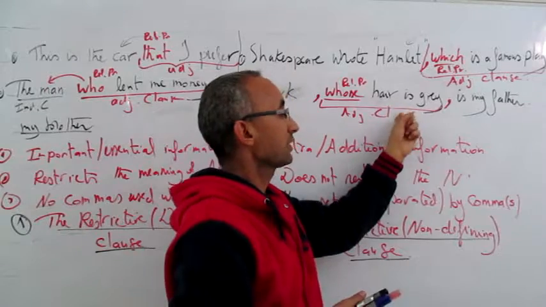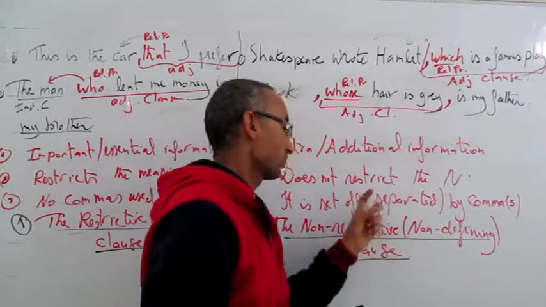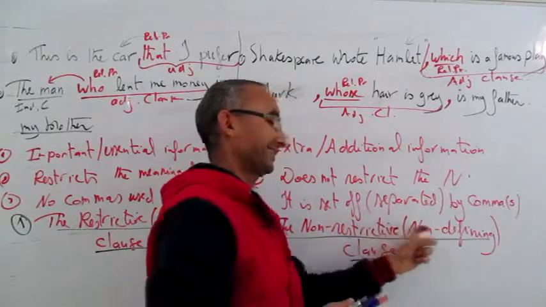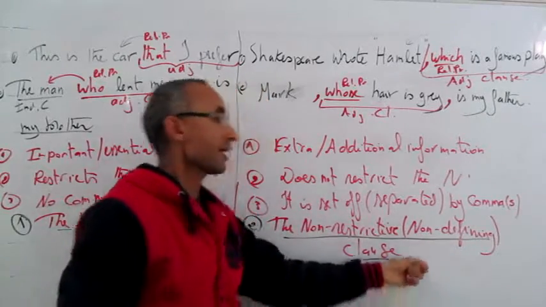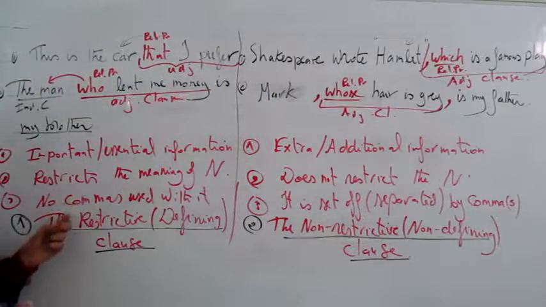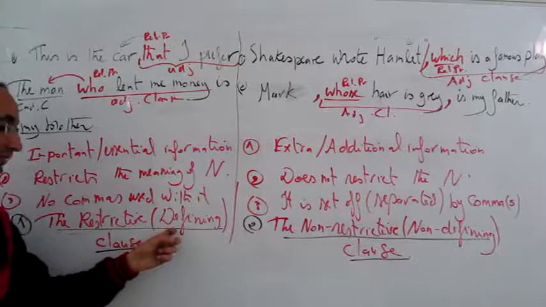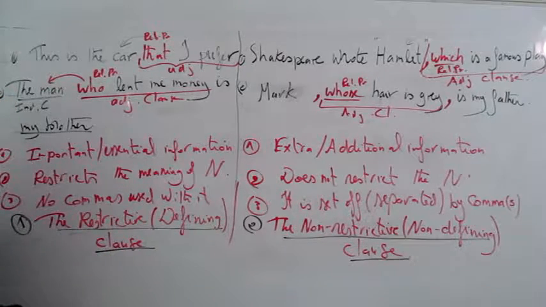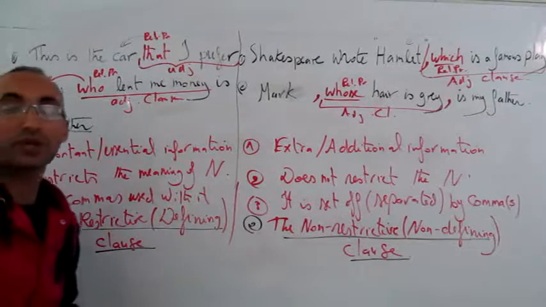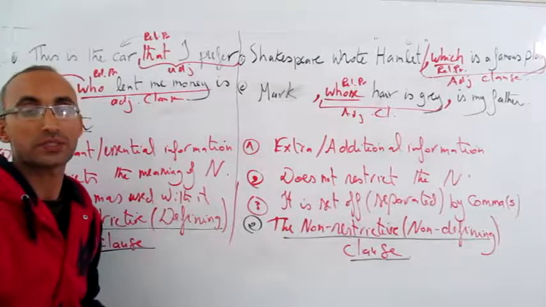So this one is called a non-restrictive or non-defining clause. And the other one is called the restrictive and the defining clause. And both of them are adjective clauses. And both of them also are called relative clauses.